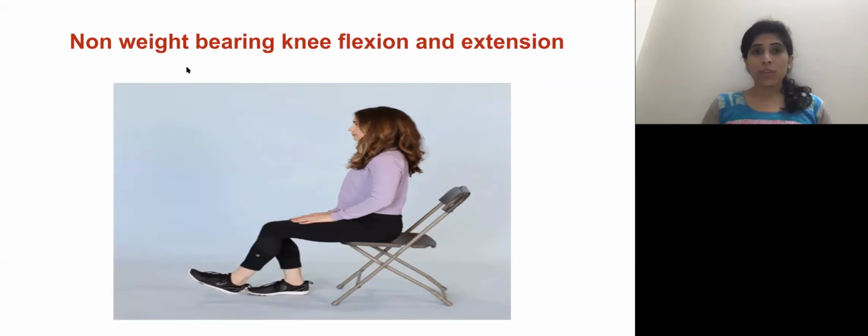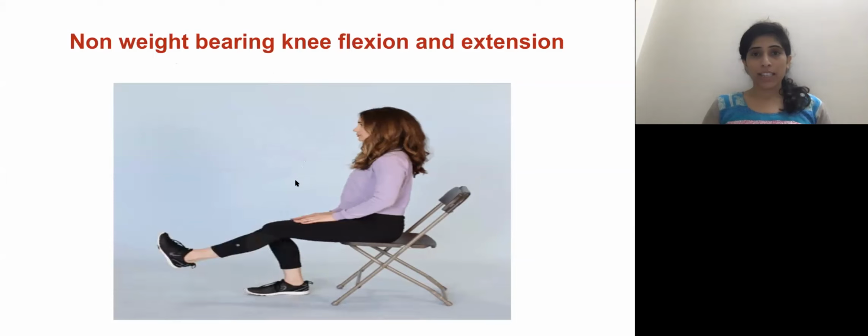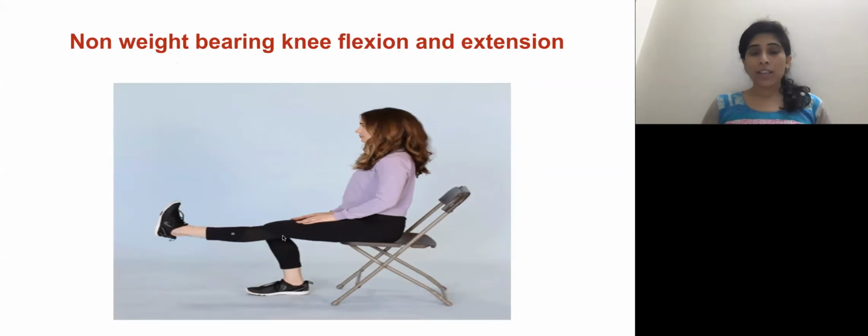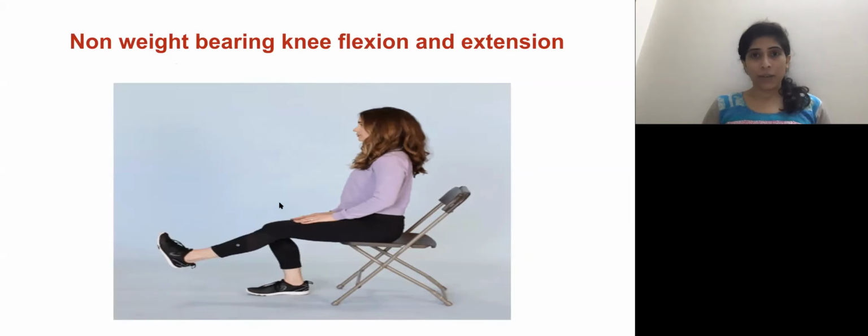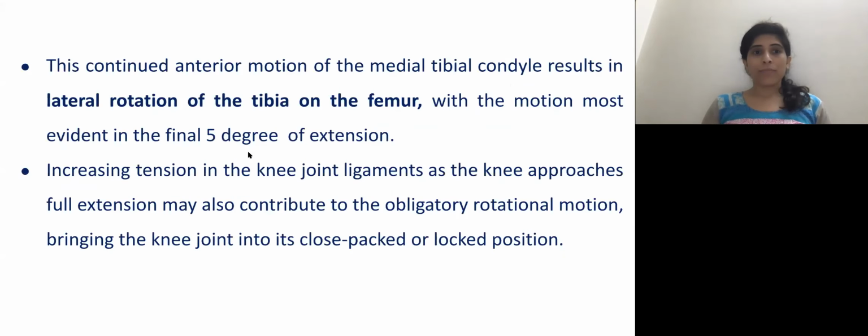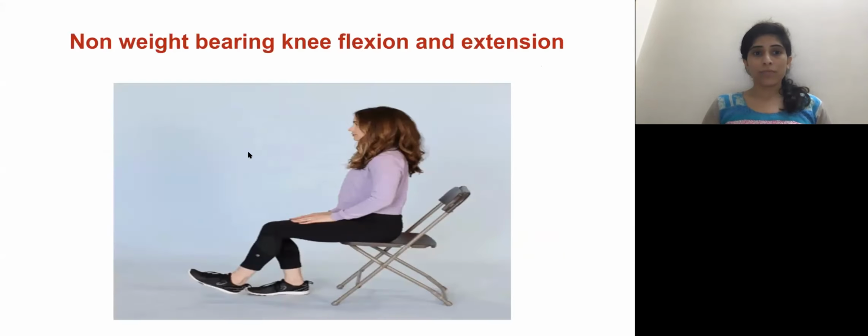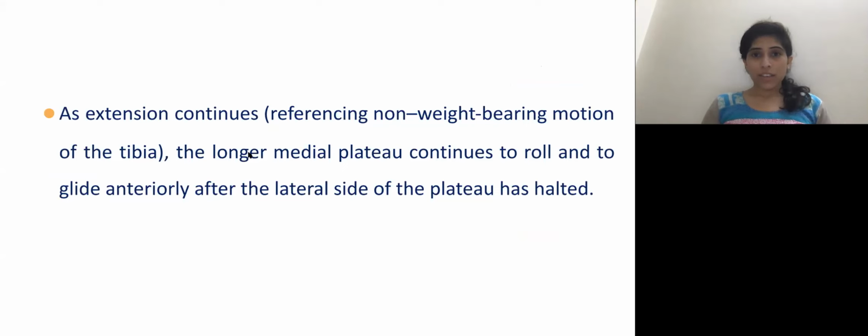As we all know, during non-weight bearing knee flexion and extension, the tibia is moving and the femur will be fixed. So what will happen? Let's see. As extension continues, here we are talking about the non-weight bearing extremity, the longer medial plateau or the longer tibial condyle continues to roll and slide anteriorly after the lateral condyle has halted.